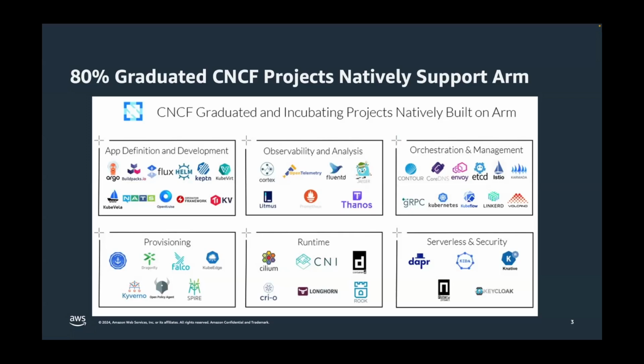So 80% of the graduated CNCF projects are natively supporting ARM. Some of the popular ones like Flux, Helm, Prometheus, OpenTelemetry, FluentD, Envoy, etcd, and Istio are all supporting ARM today.